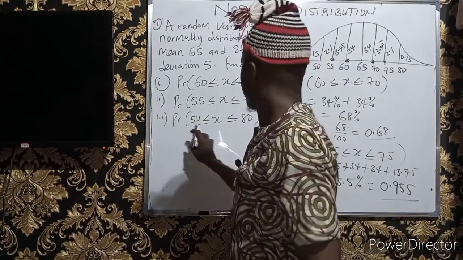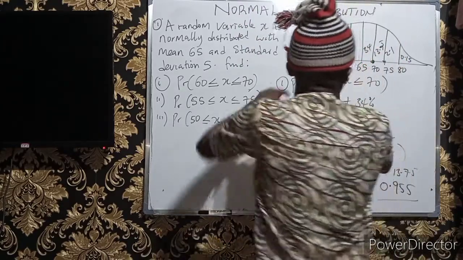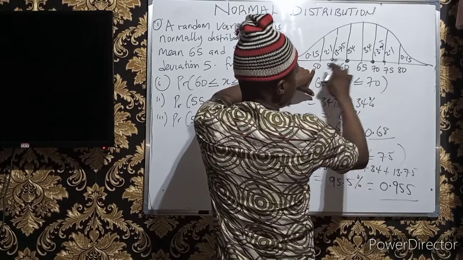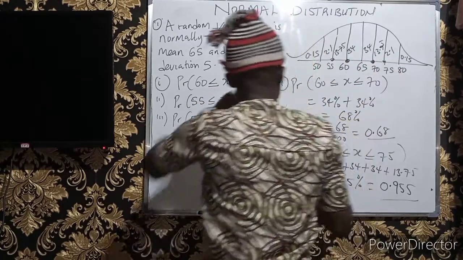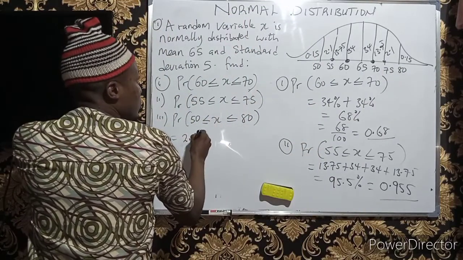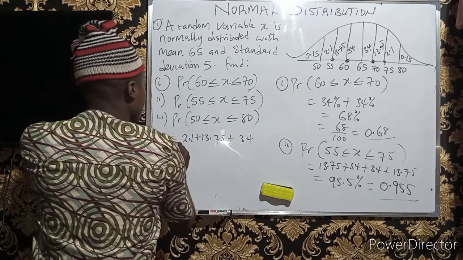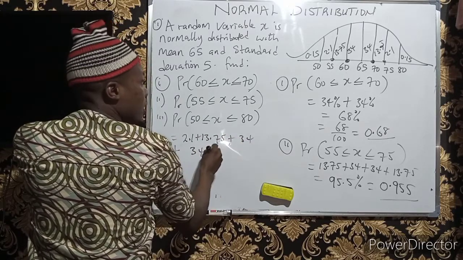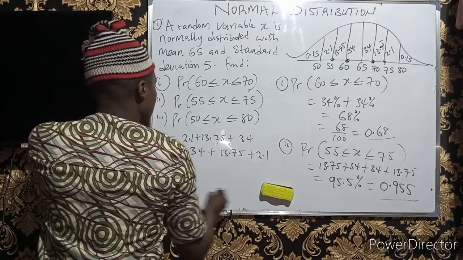Then finally, we are told the probability between 50 and 80. Look at 50 here and look at 80 here. So we have to add 2.1 plus this plus this plus this plus this plus this. So we'll have 2.1 plus 13.75 plus 34 plus 34 again plus 13.75, then plus 2.1.